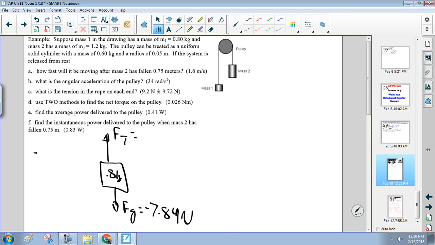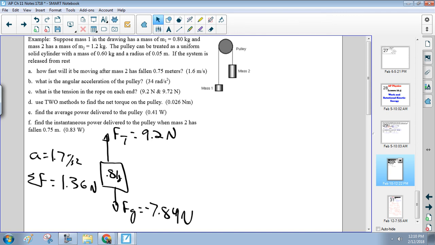I know that that thing is going to accelerate up at 1.7 meters per second squared, which means that my net force is going to be that times 0.8. So it gives you 1.36 newtons, which you can then use to find your tension force, and it turns out to be 9.2 newtons.